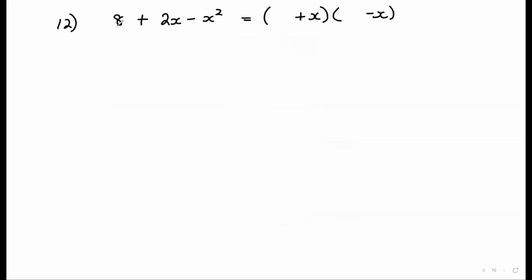So my factors of 8 are 1 and 8 or 2 and 4. And I need to get positive 2. So the only factors here that I could use are 2 and 4.